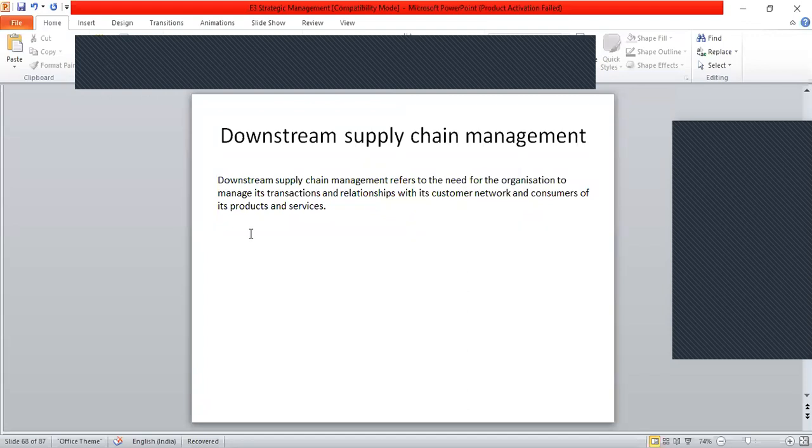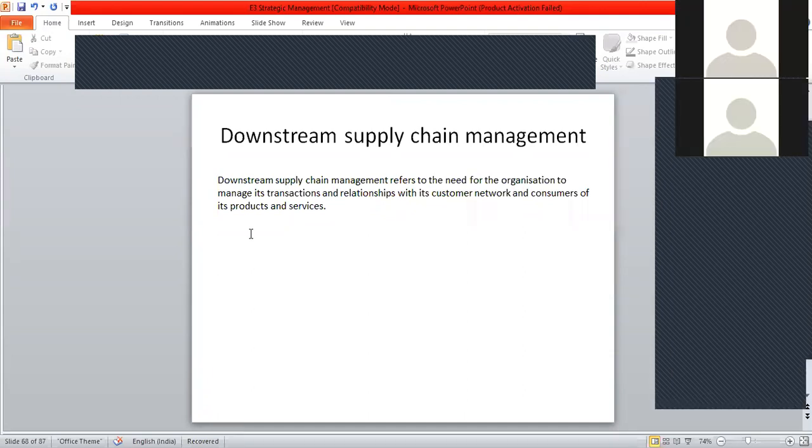Downstream supply chain management refers to the need for the organization to manage its transactions and relationship with the customer network. So I said till production it is upstream. Then the production activity is carried on, and after the production activity, it is building up a relationship with the customers.